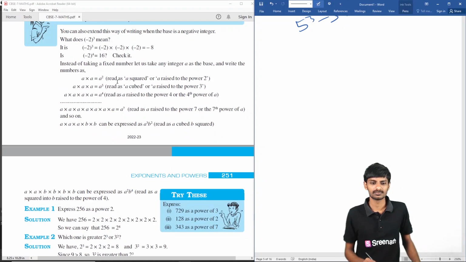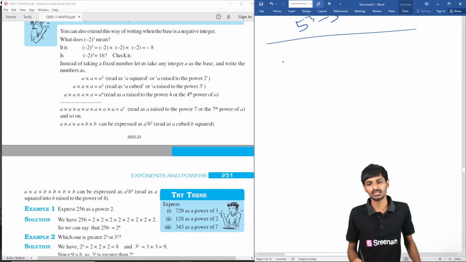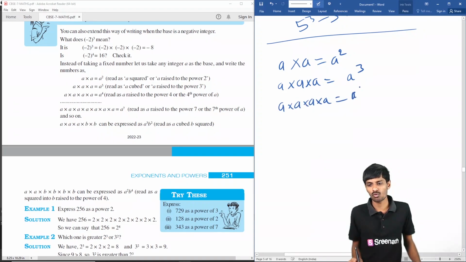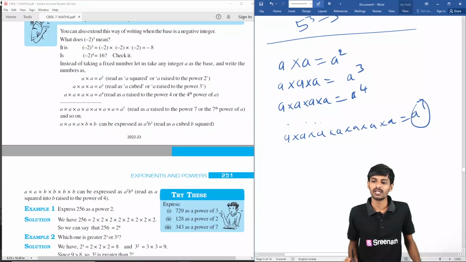And here, suppose there is a into a, then it is called a square, and we read it as a squared. And a into a into a is a cube or a power 3, a cubed or a raised to power 3. Suppose there are 4 like this, it is a power 4. And if there are 7, a into a into a into a into a into a into a, then it is a power 7.